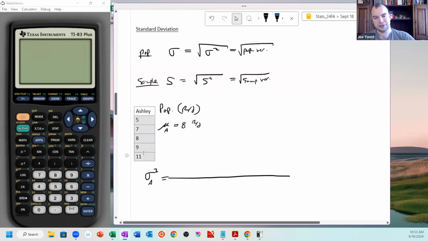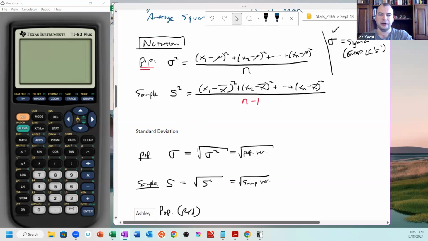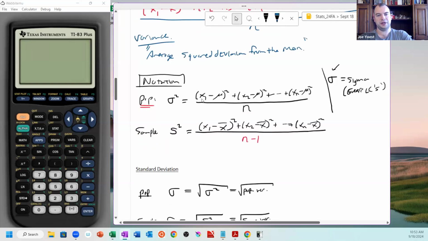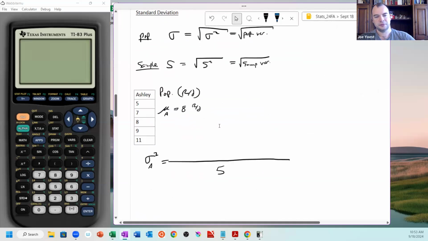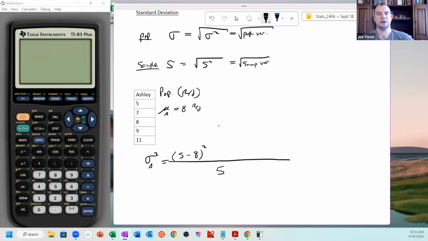There are 5 data points. And I know that for each data point, I want to do xi minus mu all squared. So I want to start with my first data point 5, subtract the mean of 8, all squared.